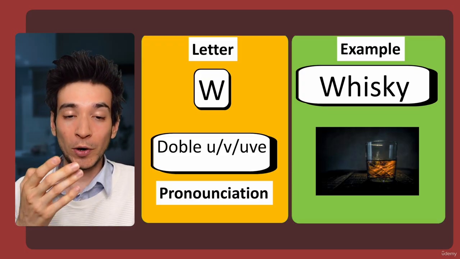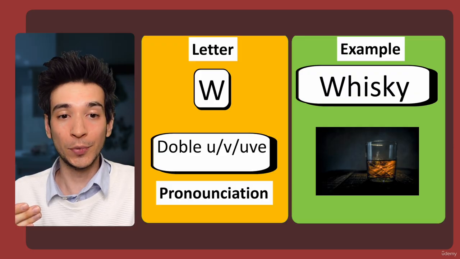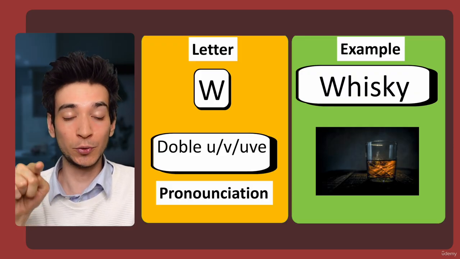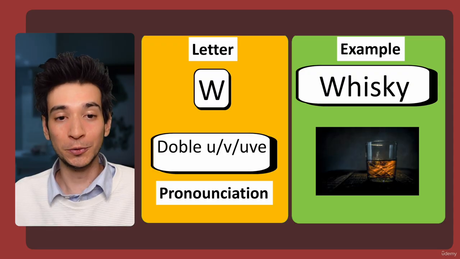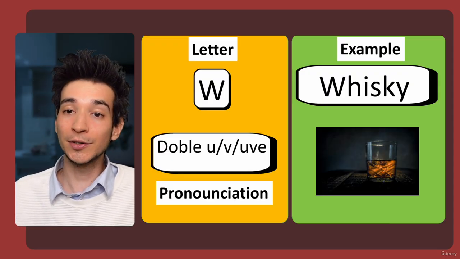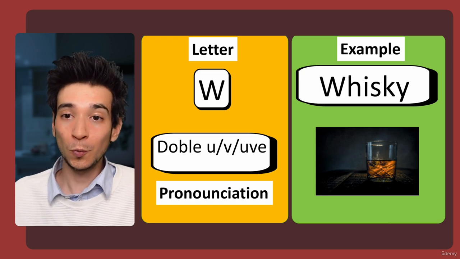So you can say either one of these three, but in Mexico, we tend to say doble U. That's the most common one, and that's the one I say. The example is whiskey.